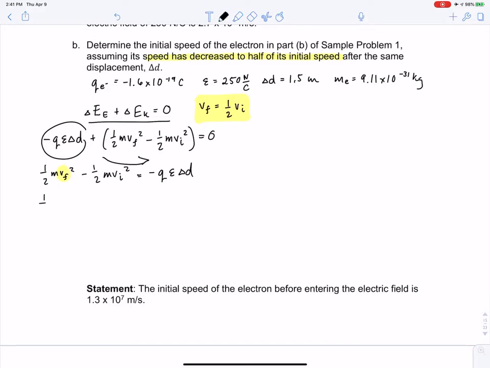So I have 1/2 m, and instead of vf, I'm going to write 1/2 vi squared, minus 1/2 mvi squared equals negative Q epsilon delta D. Now let's square what's inside this bracket. We end up with 1/2 m times 1/4 vi squared minus 1/2 m vi squared equals negative Q epsilon delta D.